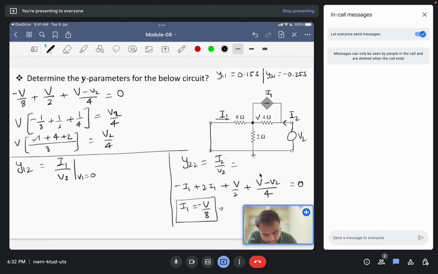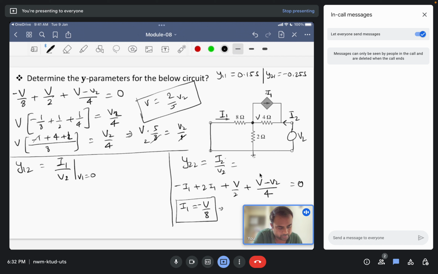So minus 1 and 5 by 8. So V into 5 by 8 is equal to V2 by 4. So we'll get V is equal to 2 by 5 V2. Okay, so we now get the value of V.